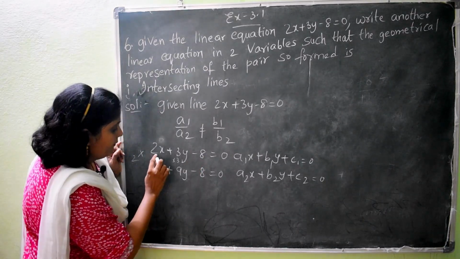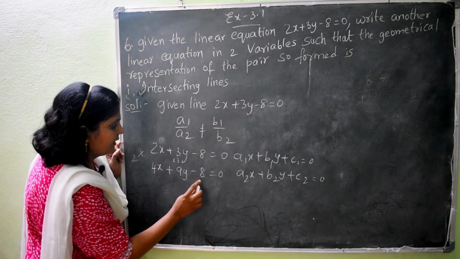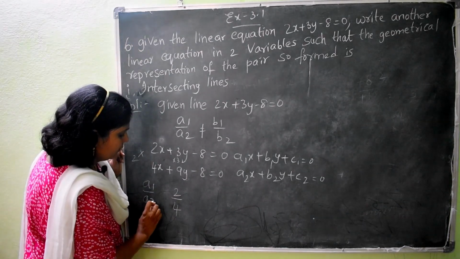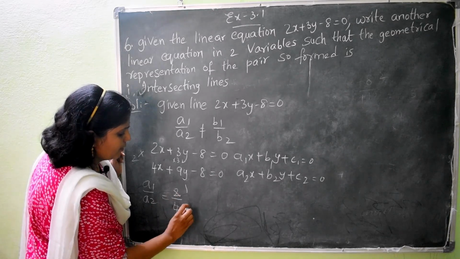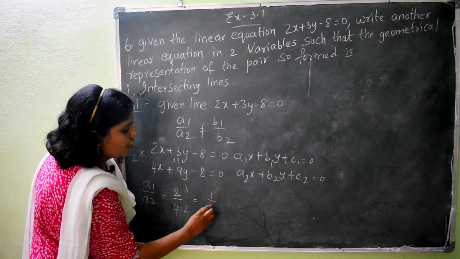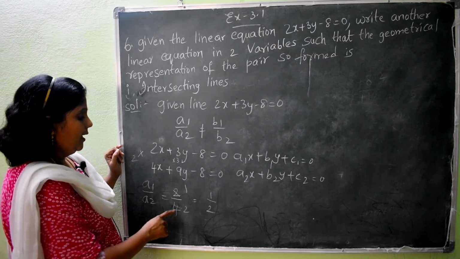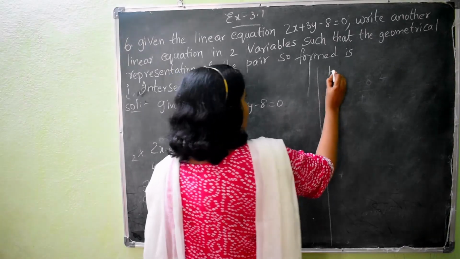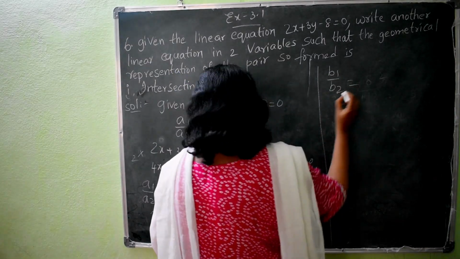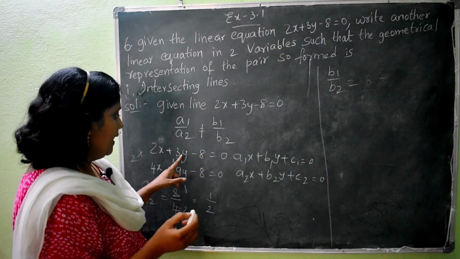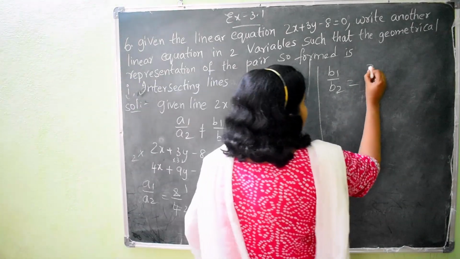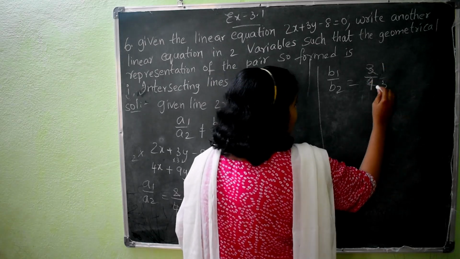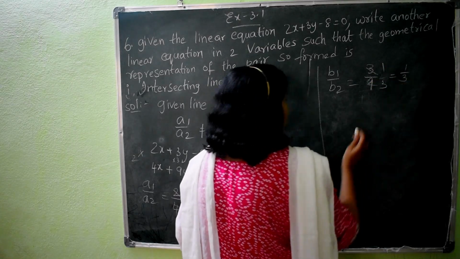Now compare a1, a2, b1, b2, c1, c2. What is a1 by a2? 2 by 4. 2 1s are 2 and 2 2s are 4, so cancelling in the same table, that is 1 by 2. Next, b1 by b2 is 3 by 9. 3 1s are 3 and 3 3s are 9, that is 1 by 3.